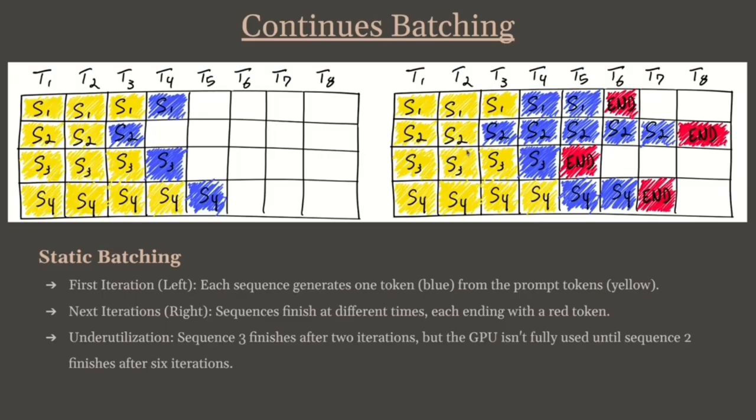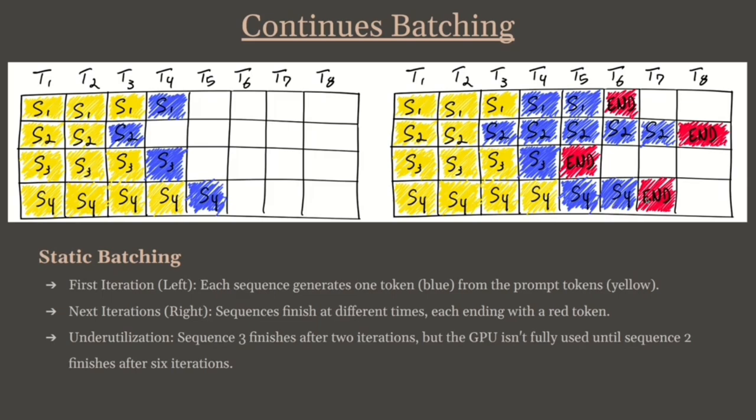So if one terminated or ended generation early, it needs to wait for the others to end too, which means the memory or the GPU can't utilize these blocks, and it needs to wait for the others to end. So this space is getting wasted. Okay, that's the problem of static batching. Here we can see our S3, the input prompt 3, is terminated first, the first one is terminated second, and the last one terminated third.